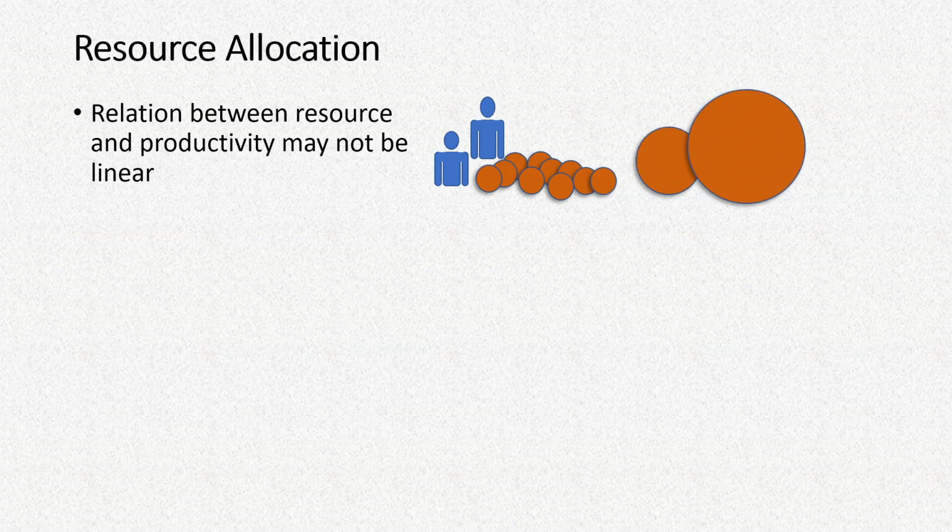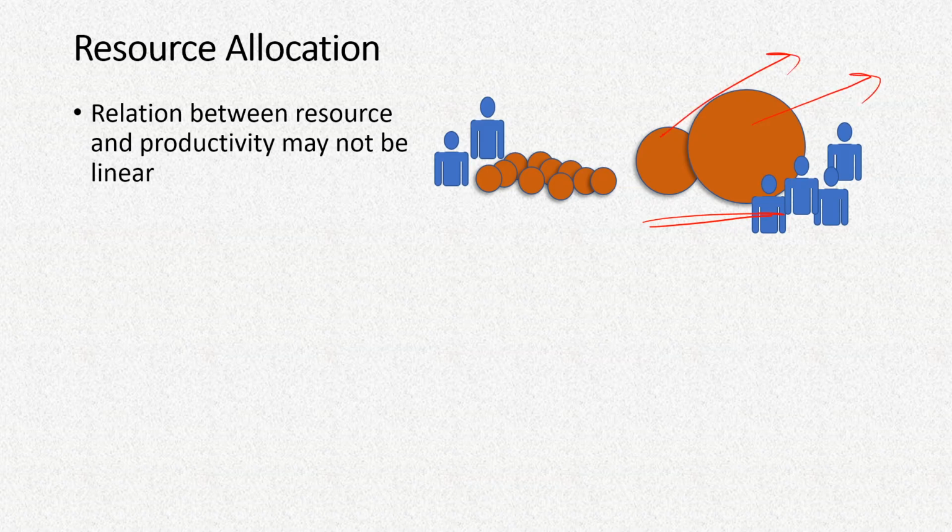Suppose we have a few very large rocks and 1 or 2 laborers may not even be able to move them. So in that case, if one laborer cannot move it and 2 laborers cannot move it, the productivity is 0. The moment you increase it to, suppose, 4 laborers, they can easily move these rocks within, suppose, 1 hour.